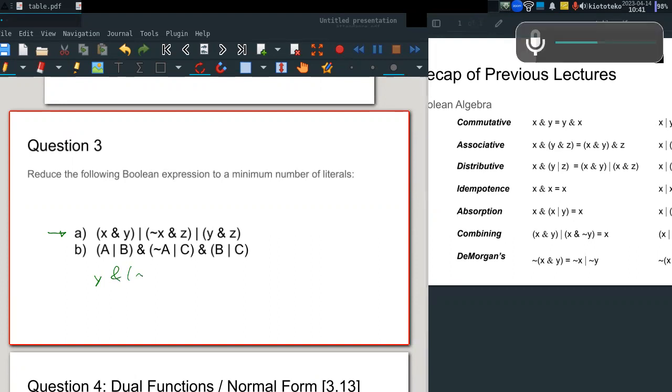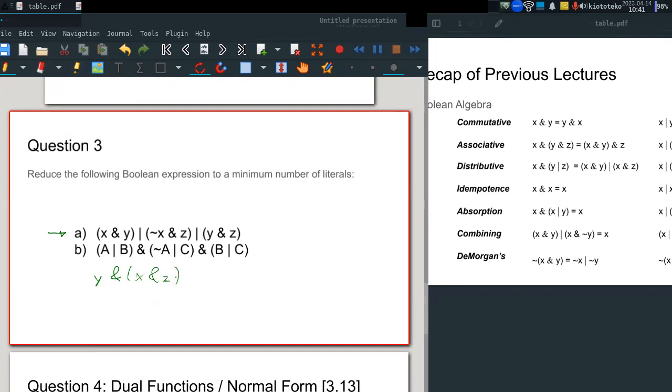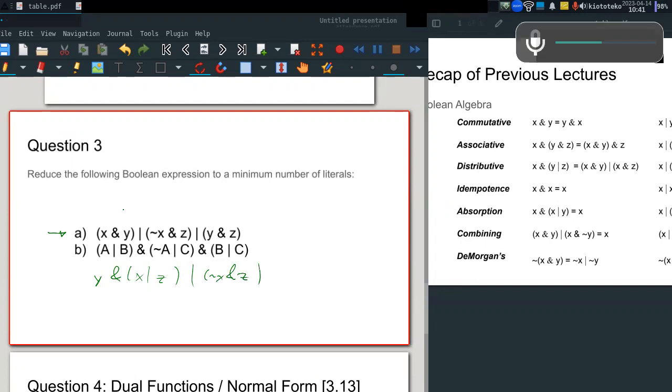What was it? Not x. Oh no, X and Z. Yeah, X and Z. Ah yeah, x or z, sorry. And we still have our here. Yeah, we use the combining rule, right? What do we have here? x. Okay, so this is distributive. What else can we use?